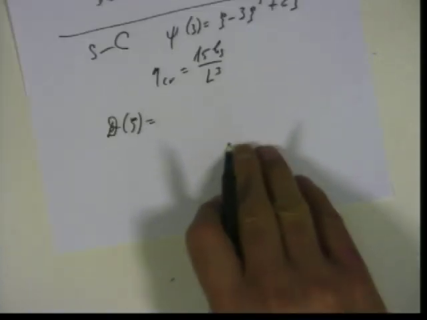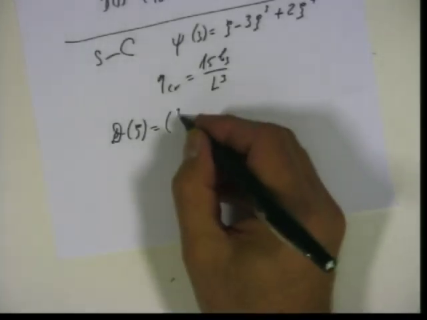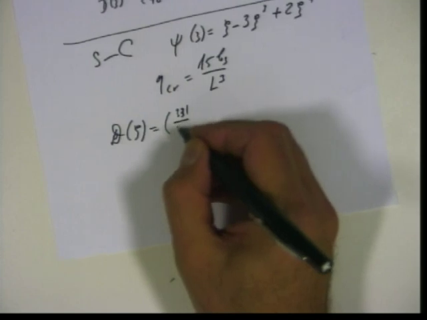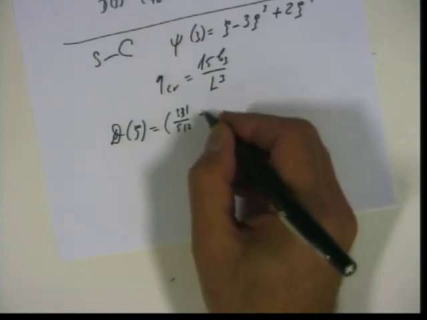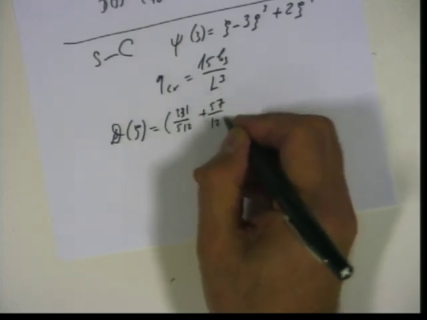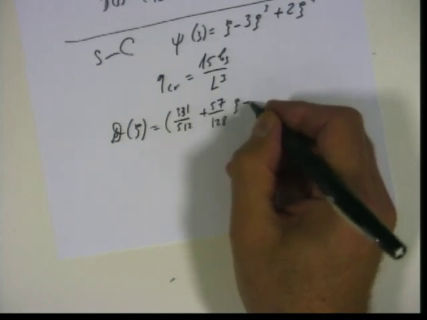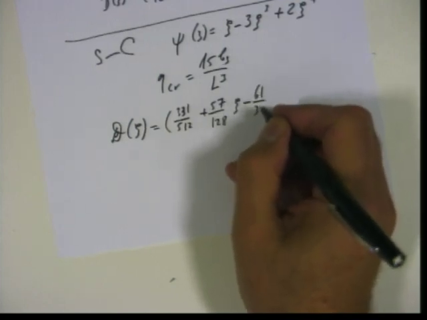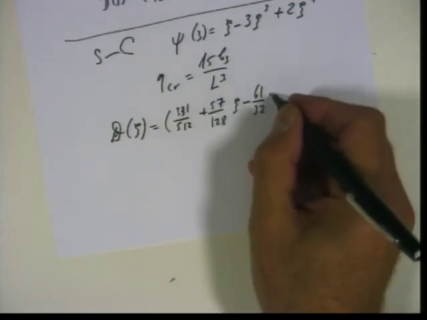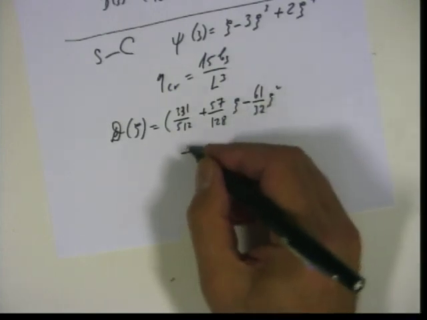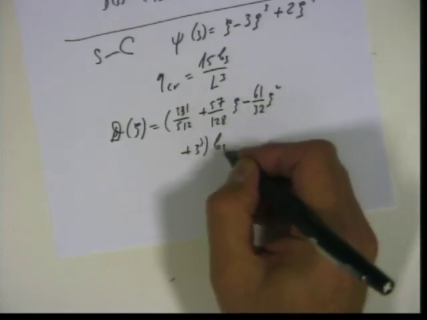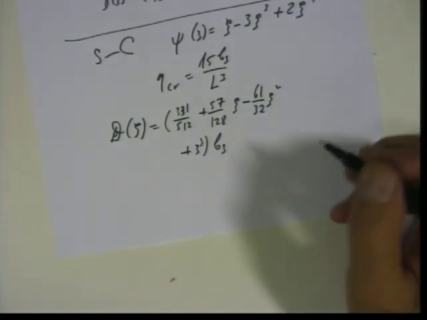I will write it down: 331 over 512 plus 57/128 xi minus 61/32 xi squared plus xi cubed B3, etc.